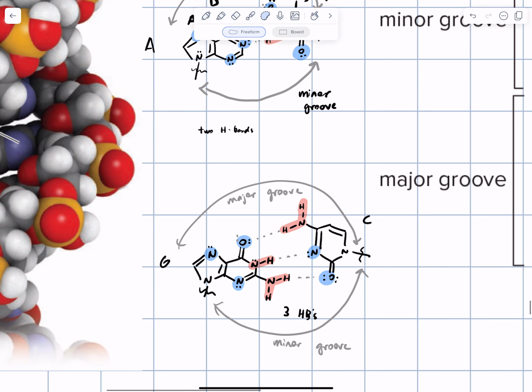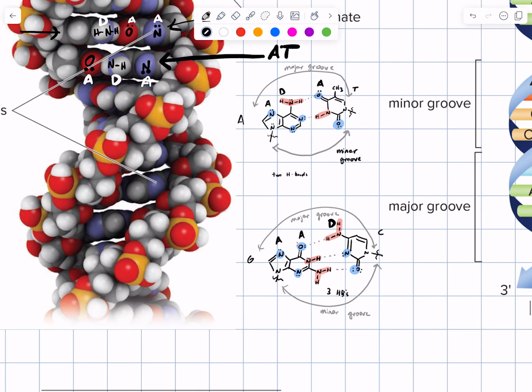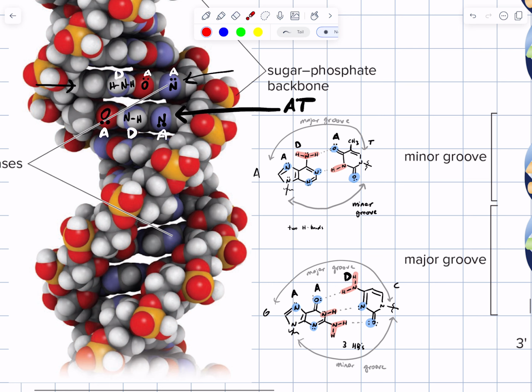For the major groove of GC, we expect to see a donor, or sorry, got it wrong, a hydrogen bond acceptor, a hydrogen bond acceptor, and then a hydrogen bond donor. And that is indeed what we see, donor, acceptor, acceptor.